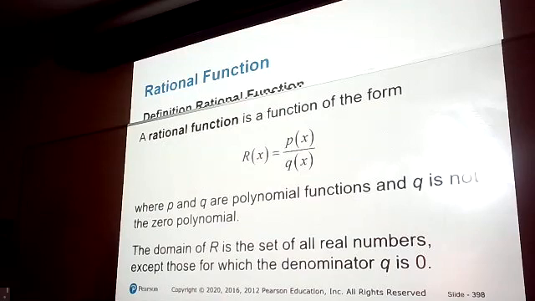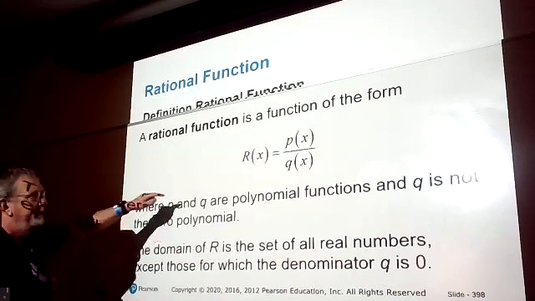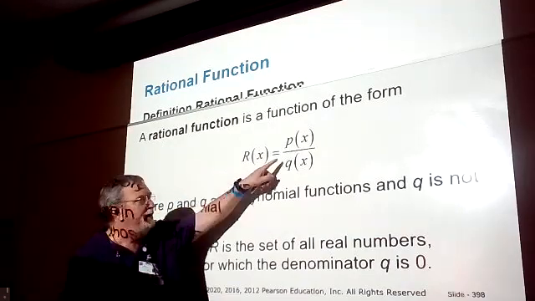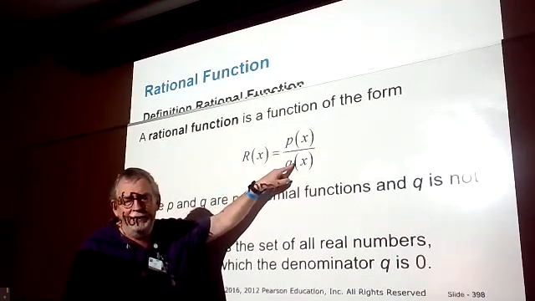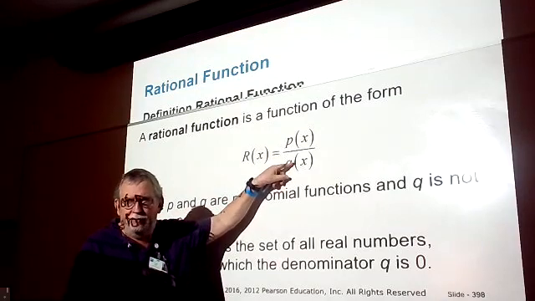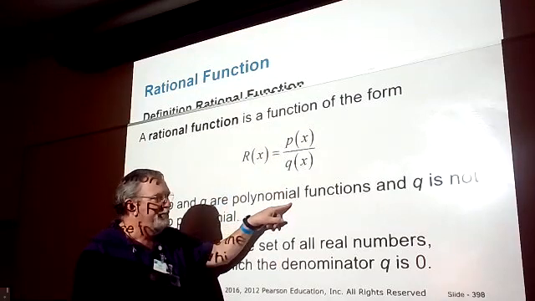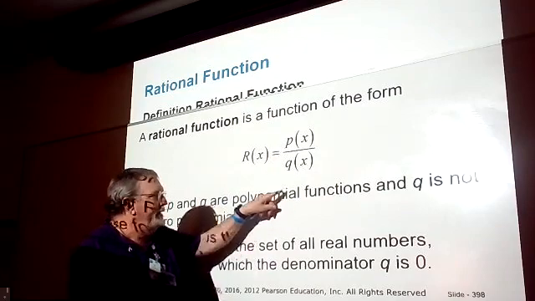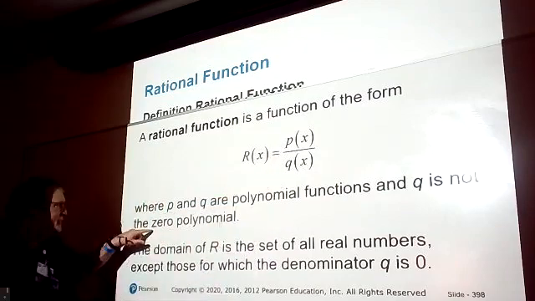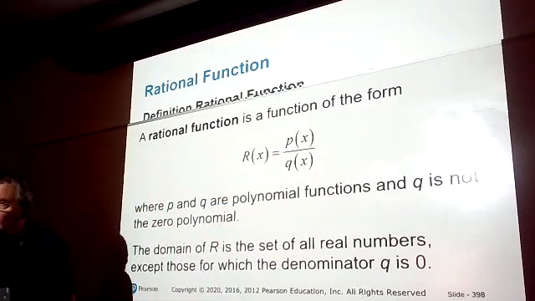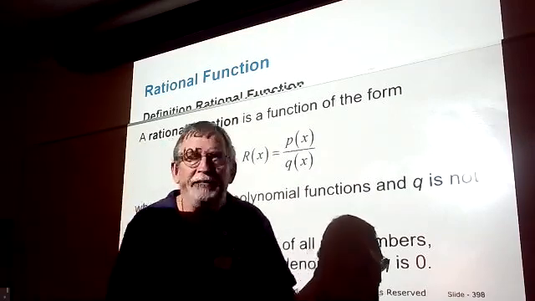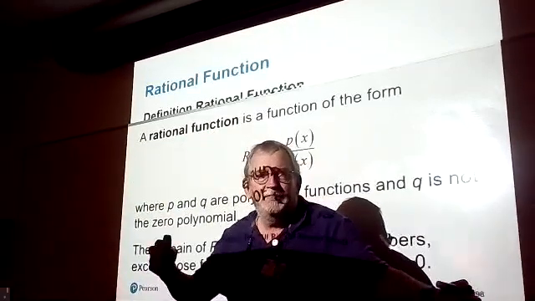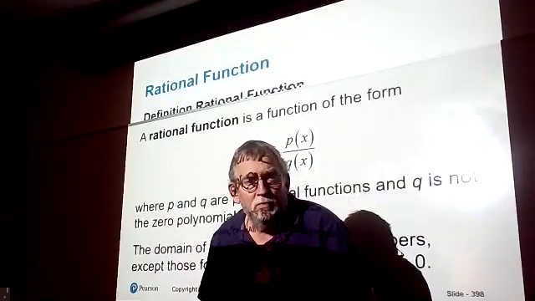First of all, what is a rational function? A rational function is in this form where the numerator and the denominator are polynomial functions. And the Q function is not the zero polynomial. What they mean by the zero polynomial is that y equals 0.